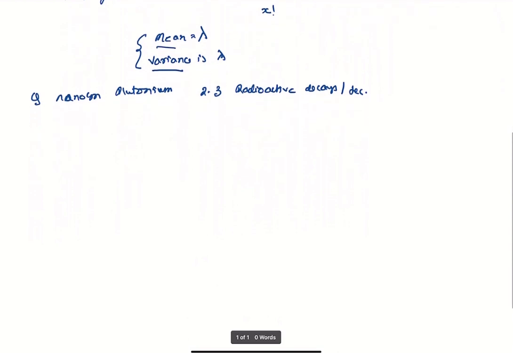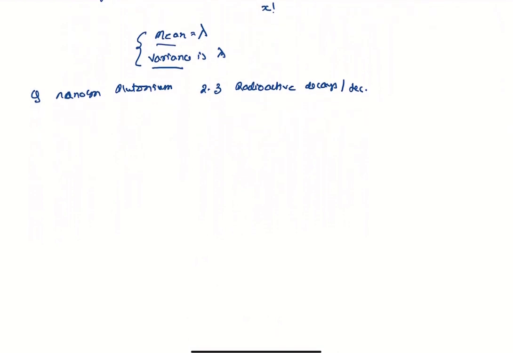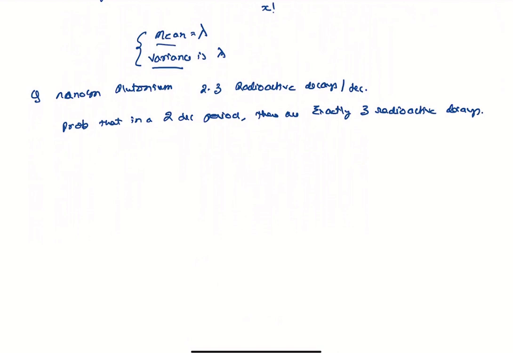What is the probability that in a 2-second period there are exactly 3 radioactive decays?